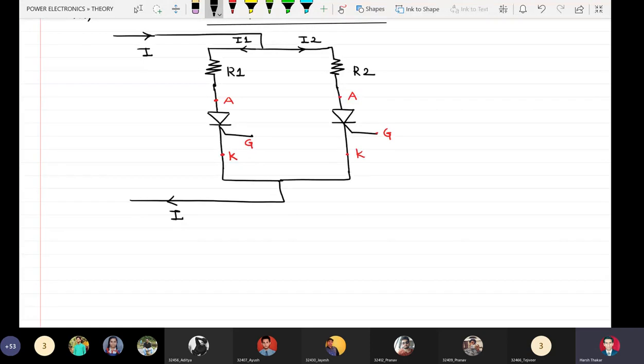The current I1 flowing through the SCR T1, I2 flowing through SCR T2.